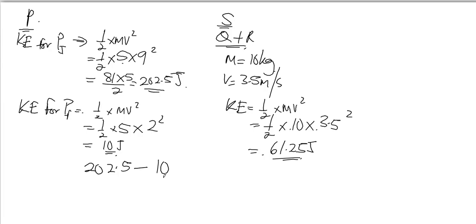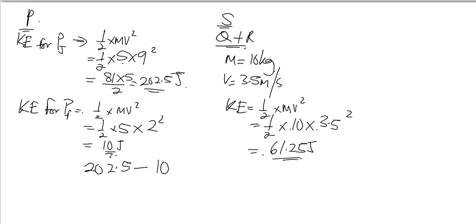And how did Q and S form? P moved and collided with Q, and only then did it start moving, and Q and R coalesced to become one object. Since there are three different parts to the question, you need to do it one by one.